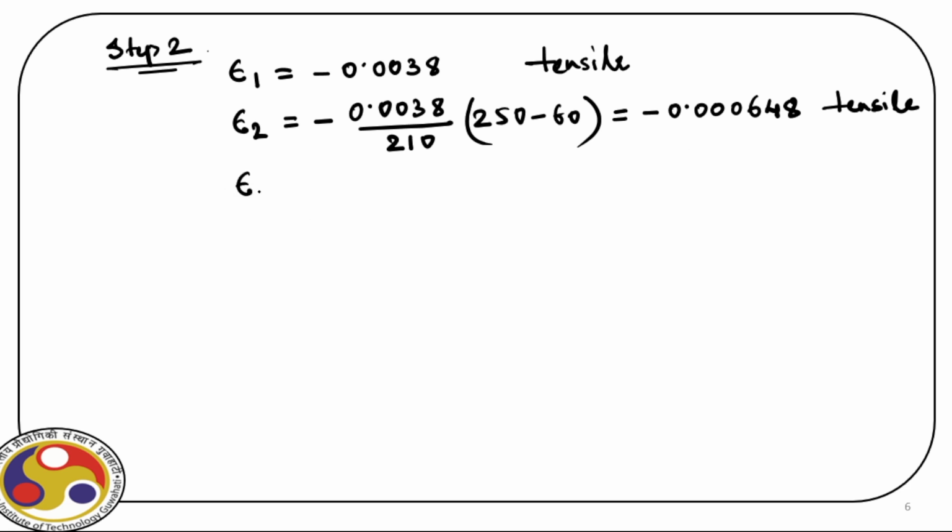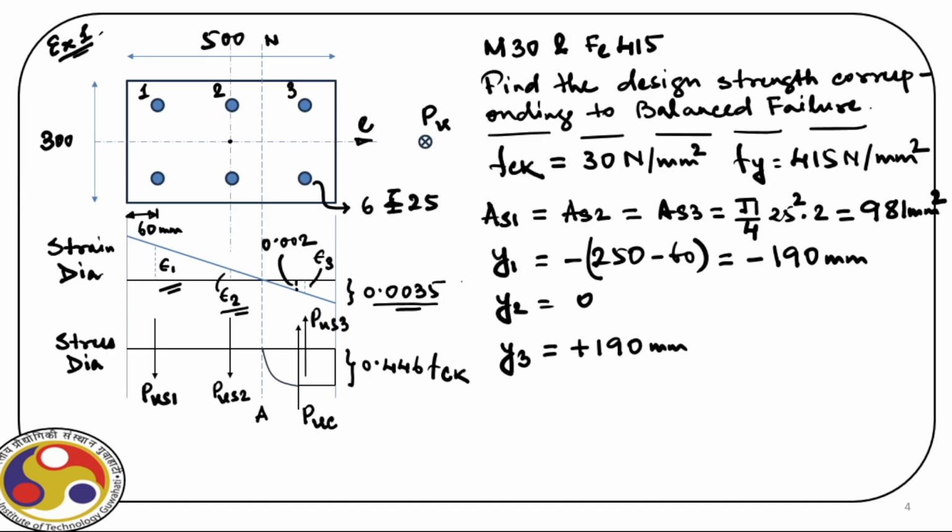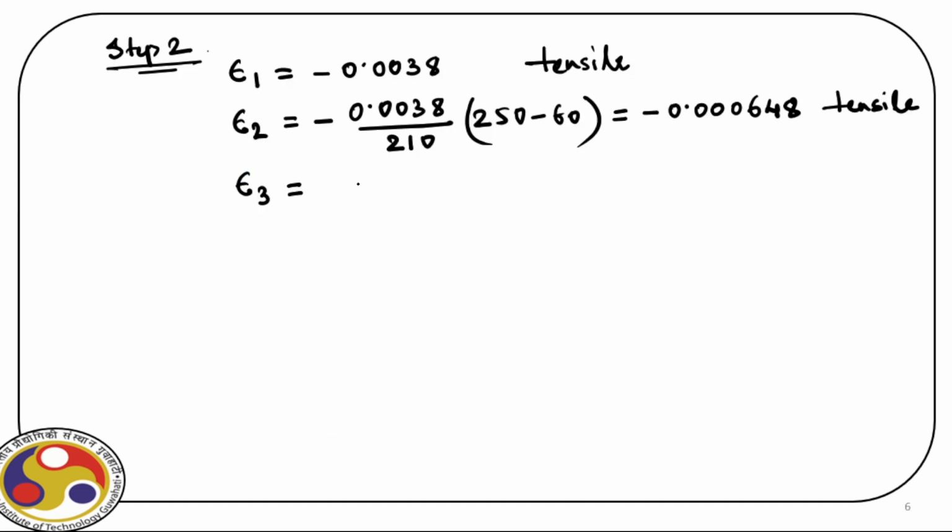Third one, epsilon 3, which is on the other side, it is under compression, you can see here. And from that diagram, again, we can find out, it's not a problem. So it is 0.0035 divided by 210 times 210 minus 60.